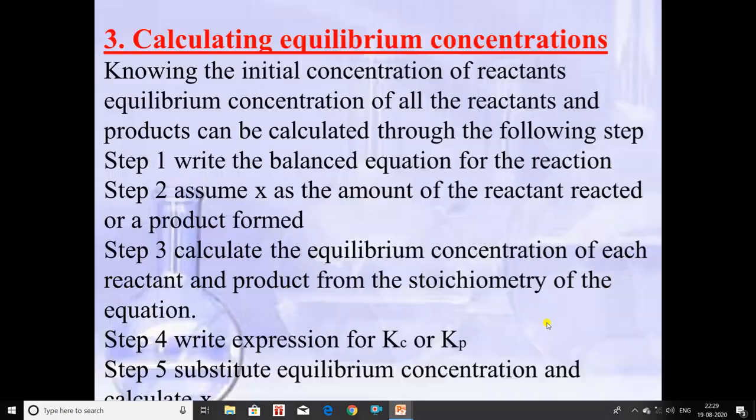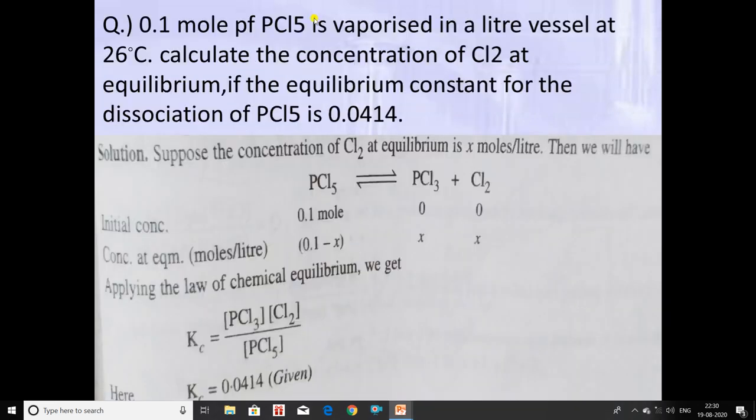Now we will move to the third application of the equilibrium constant, calculating the equilibrium concentration. These are the steps, and we will take one example. Suppose this is a question: 0.1 mole of PCl5 is vaporized in a 1 liter vessel at 26 degrees Celsius.